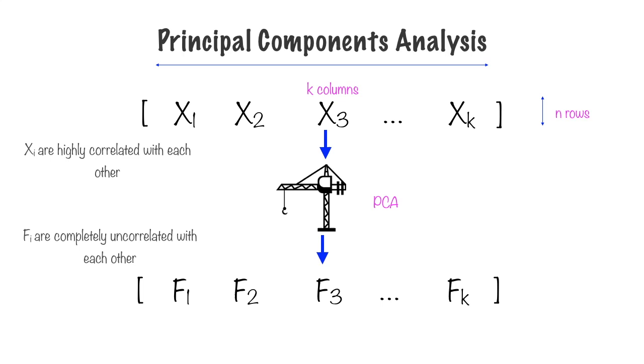Now, the feature of these principal components is the fact that each of these attributes, they are still k axes, because if you have k dimensions in the original data, there are k principal components which can be generated. The fact is, though, that each of these principal components are completely uncorrelated with each other. So you go from correlated data to uncorrelated data, even if you have the same number of axes.